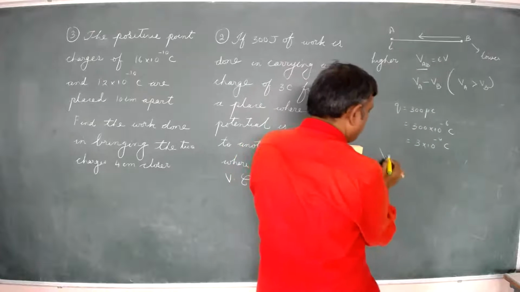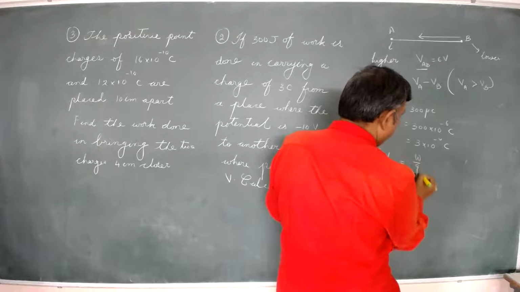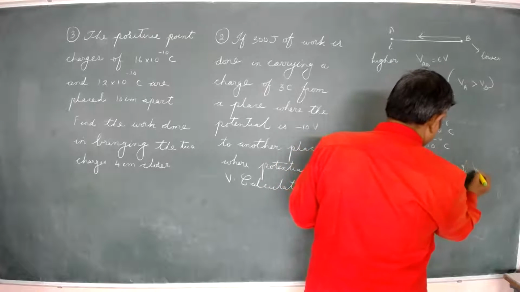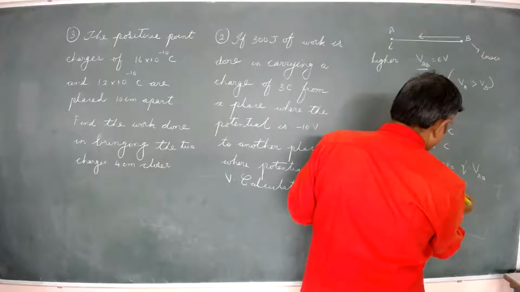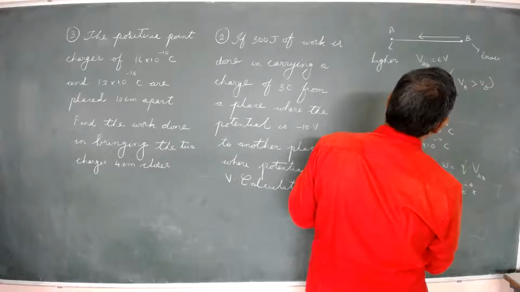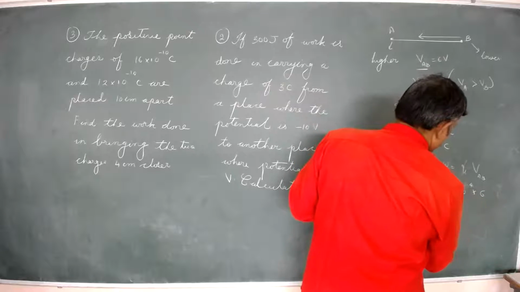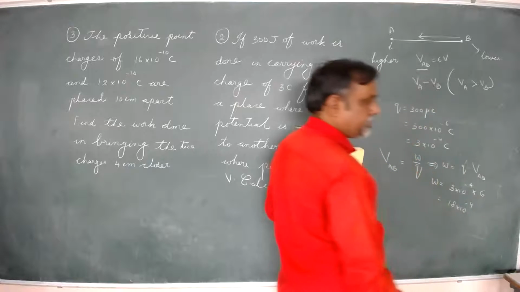And what is the formula? Potential between A and B is equal to the work done in moving the charge per unit charge. That implies work done is equal to Q into the potential between the 2 points. So work done is 3 into 10 power minus 4 into 6 volt, which is 18 into 10 power minus 4.